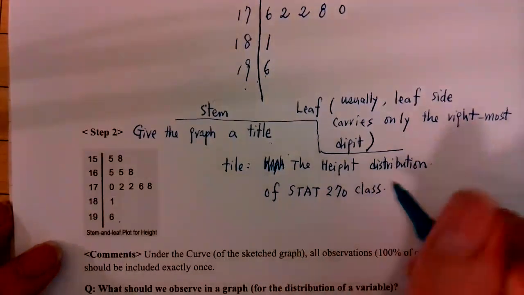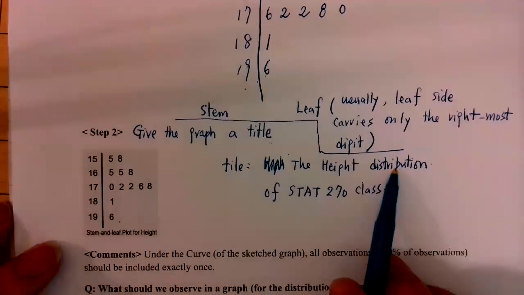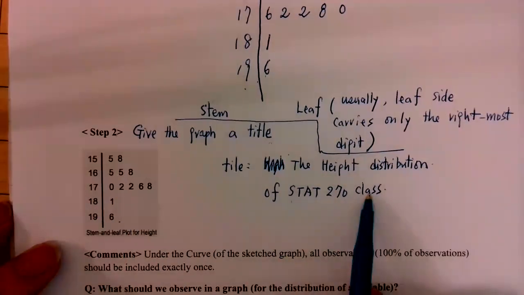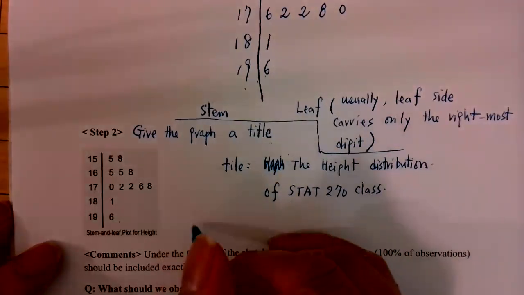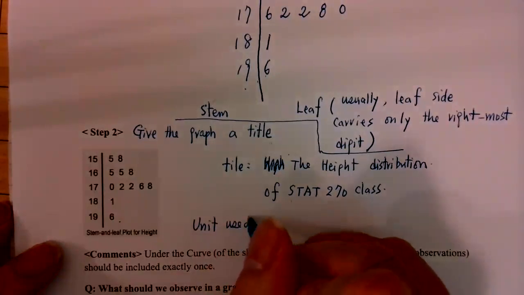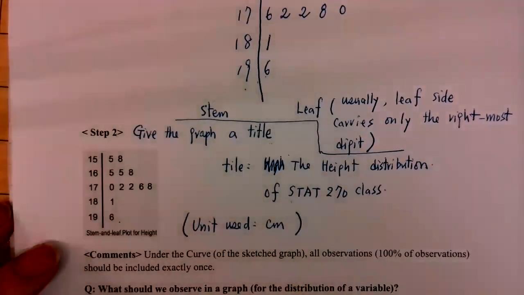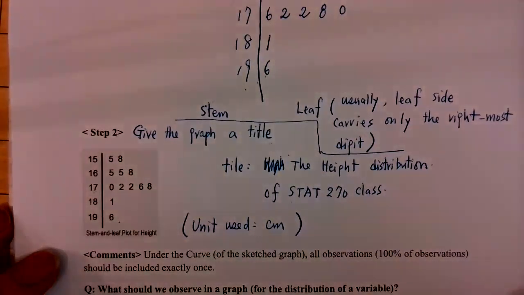So when people see the graph, they know the distribution represents what? STAT 270 class students' height right away, okay? And use centimeter, okay? This is how we make a stem plot.